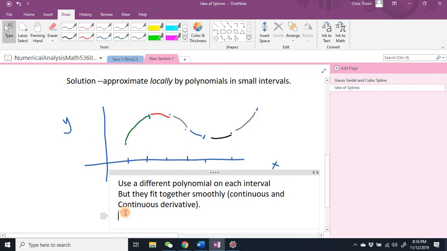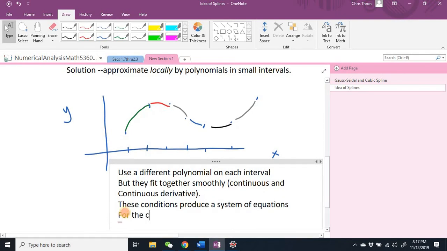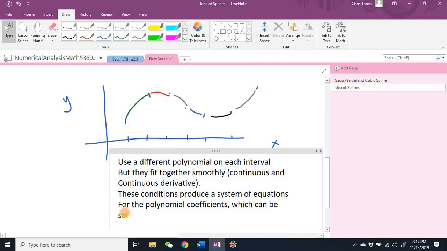So what this does is these conditions produce a system of equations for the coefficients, for the polynomial coefficients. Okay, which can be solved using matrix methods.